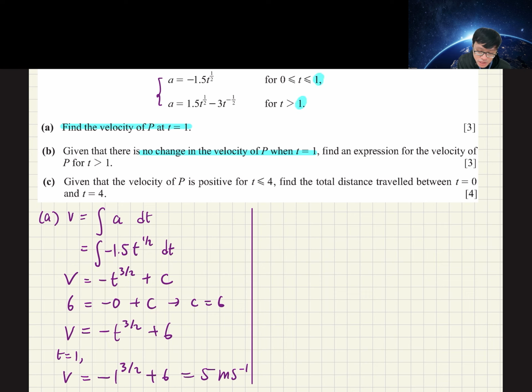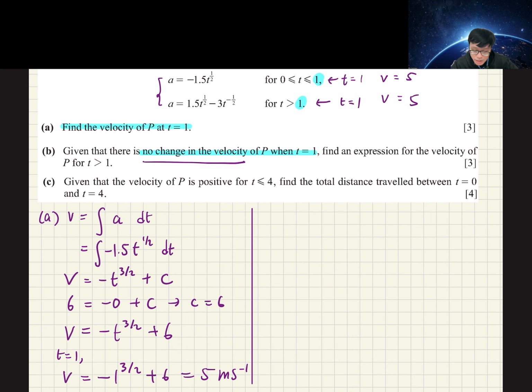No change in velocity means that when you plug in t equals 1 to both equations, you will get the same value of v, which in this case is 5.